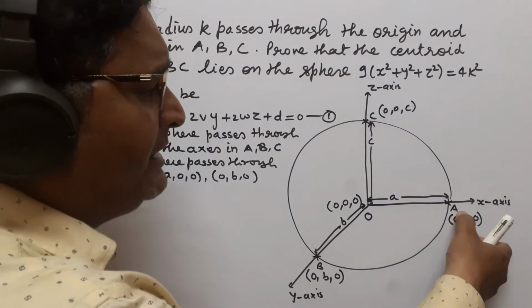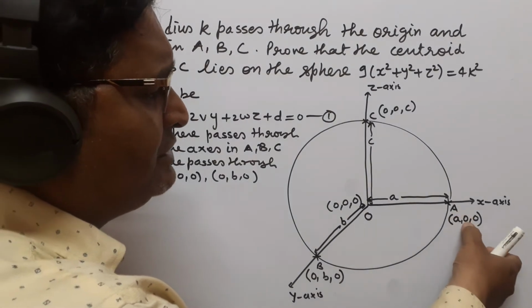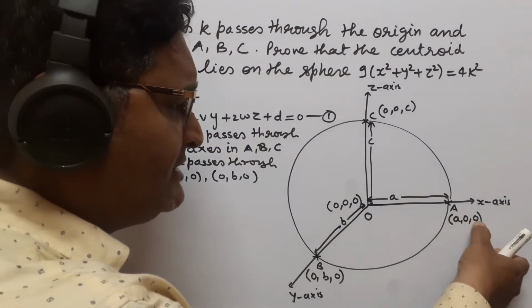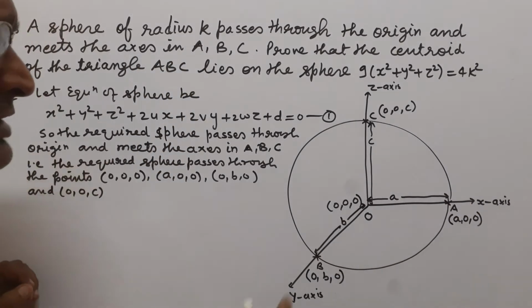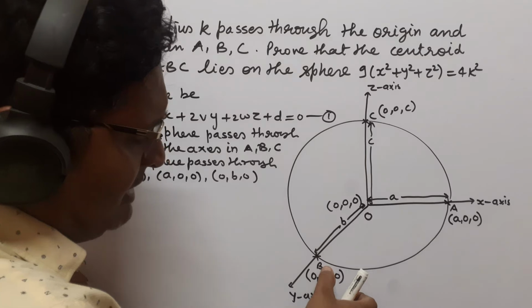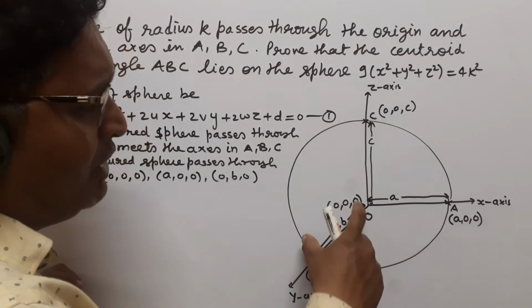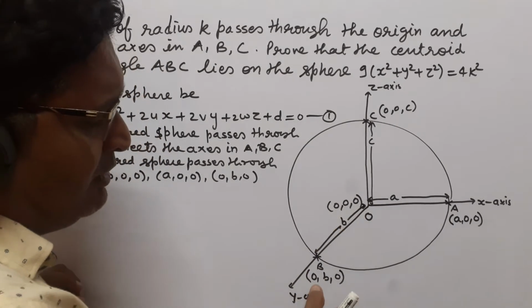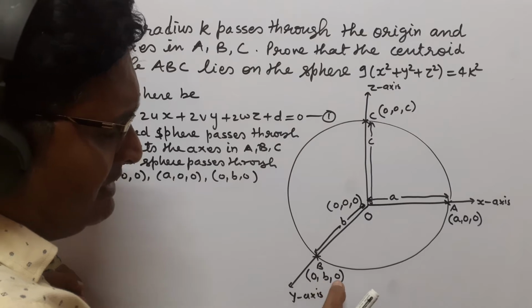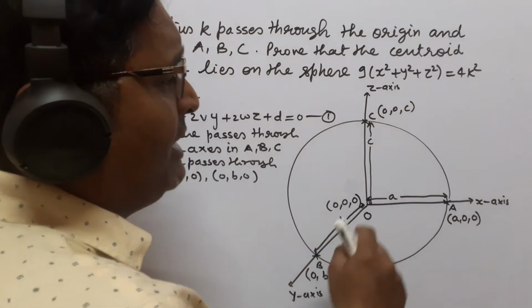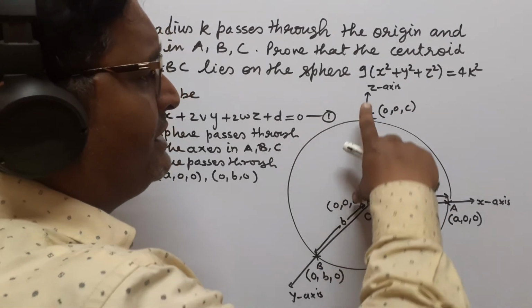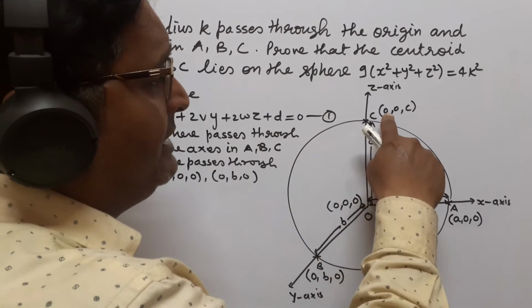So the coordinate of capital A point is a, 0, 0 because the y and z coordinates on x axis are 0. Similarly, the coordinate of B point are 0, b, 0, and the coordinate of C point is 0, 0, c, because on z axis the coordinates of x and y are 0.